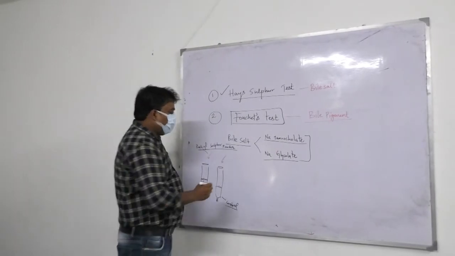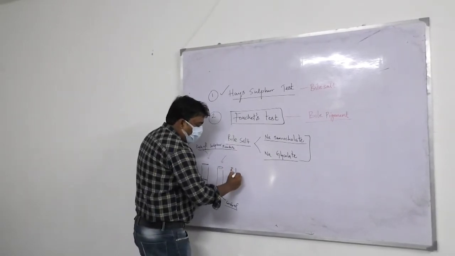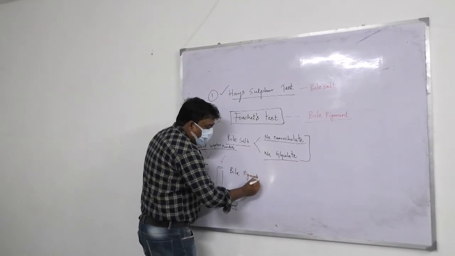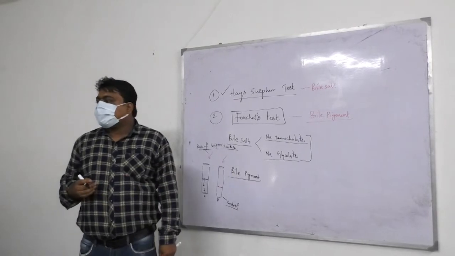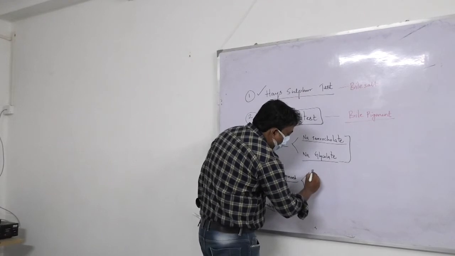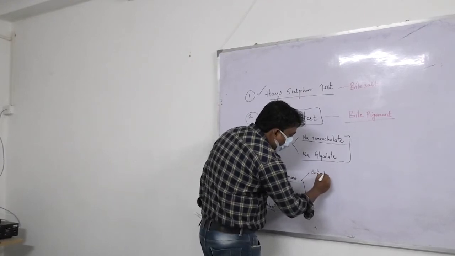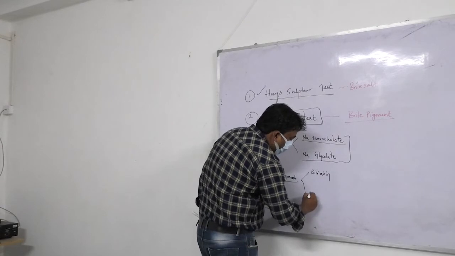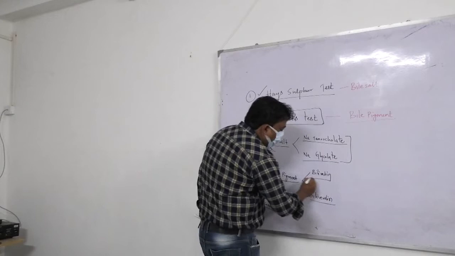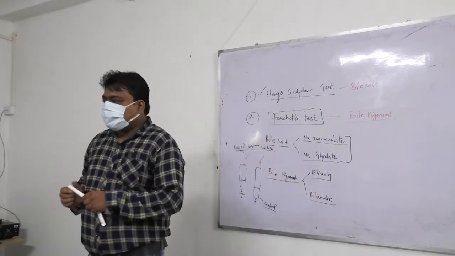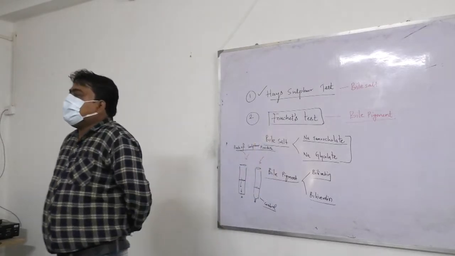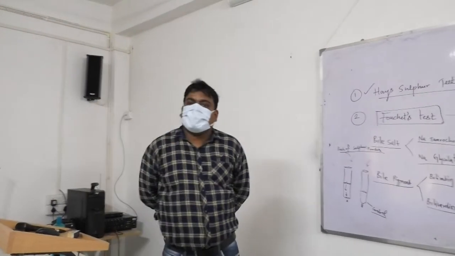This is for bile pigment. Which one is bile pigment? Biliverdin and bilirubin. This test is performed for the identification of bile pigments in our urine, that is biliverdin and bilirubin.